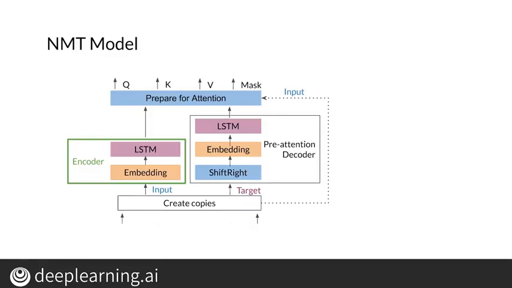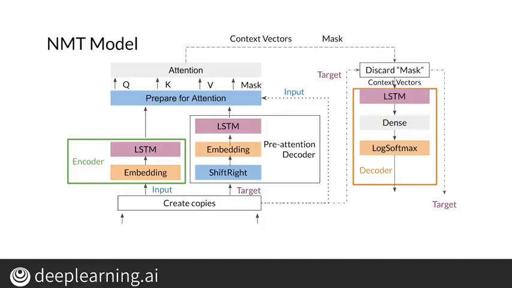After getting the query, key and value vectors, you have to prepare them for the attention layer. You'll use a function to help you get a padding mask to help the attention layer determine the padding tokens. This step is where you will use the copy of the input tokens. Now everything is ready for attention. You pass the queries, keys, values, and the mask to the attention layer that outputs the context vector and the mask.